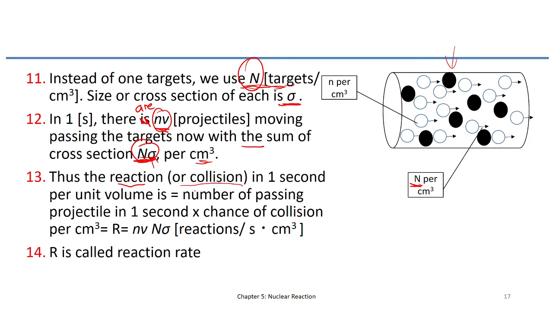So in 1 second, in unit volume, the number of passing projectiles multiplied with the chance of collision is equal to the multiplication of the projectiles with the sum of the cross sectional area.